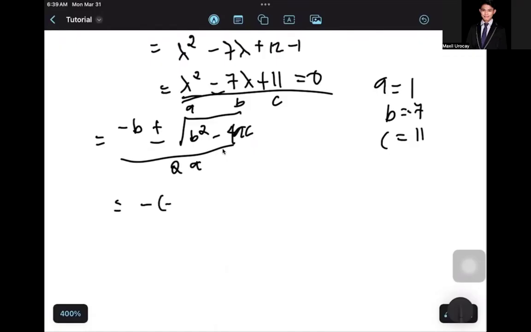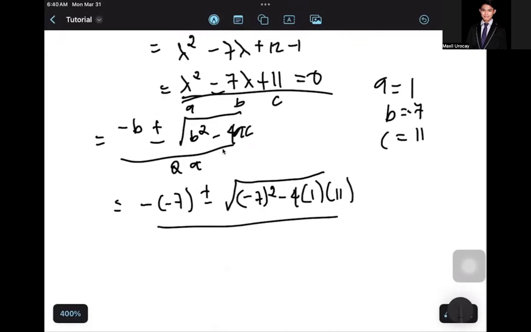Remember, so it will become negative of negative 7, positive and negative, then b squared is negative 7 squared, minus 4, then your a is 1, then your c is 11, and your 2a will be 2 times 1.